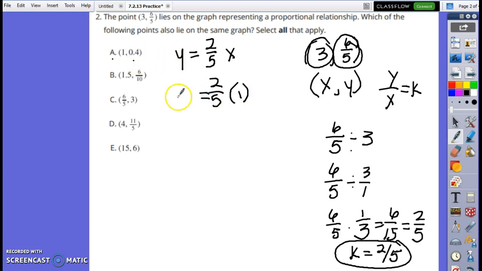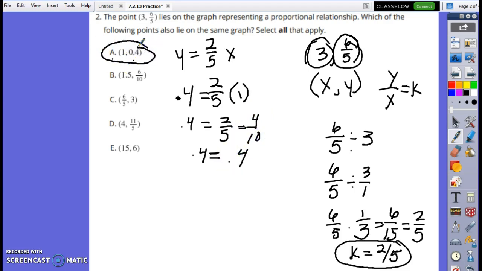Y is 4/10. Are these equal to each other? Well, 2/5 times 1 is 2/5, and 4/10 is the same as 2/5. So 4/10 is the same as 4/10, and so that is correct.